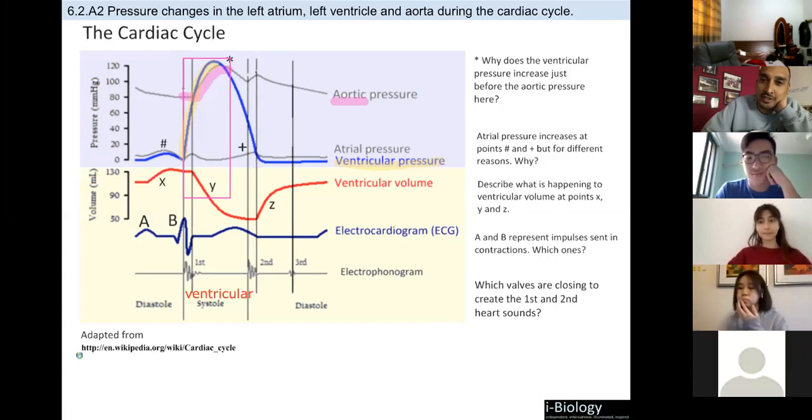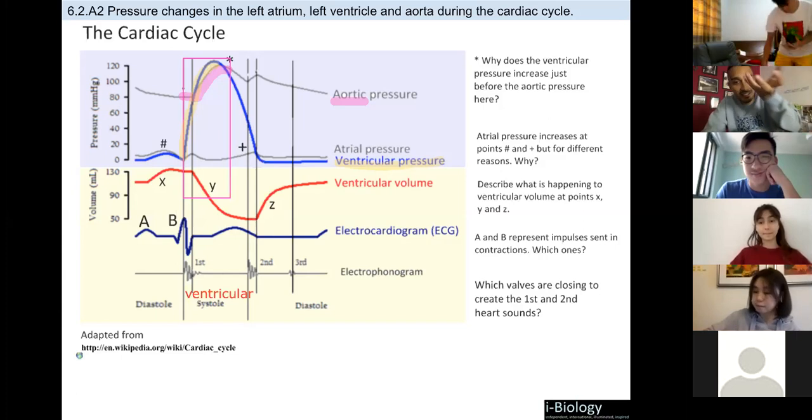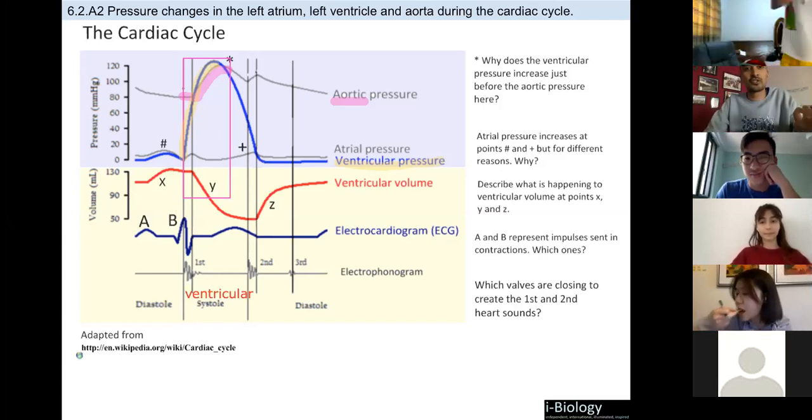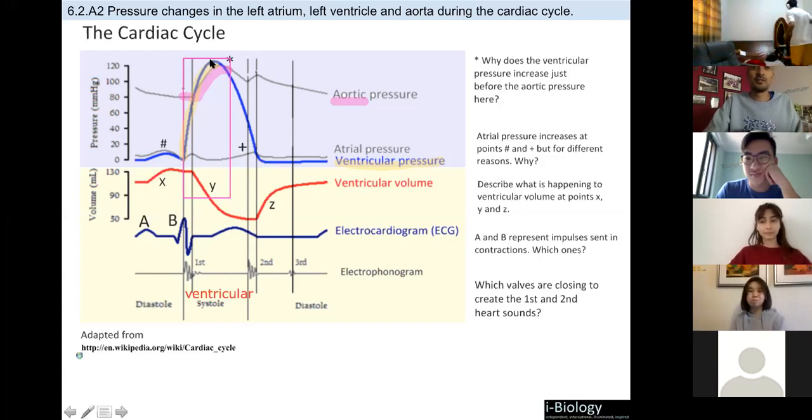The ventricle is, instead of squeezing, pumping. Yes, another word starts with C. Contracts. There you go. The ventricle is contracting, right? So if it's squeezing or pumping or contracting, it's getting much smaller. Smaller volume means higher pressure. And that's the really strong pump, which is why we see a huge spike in ventricular pressure.